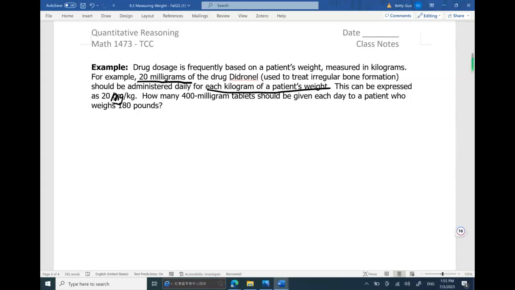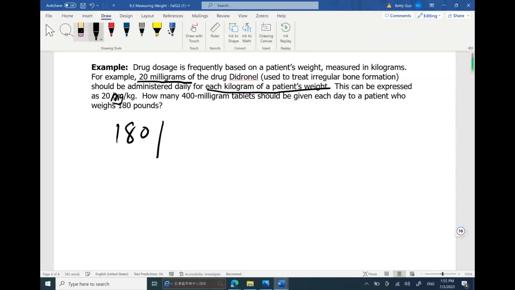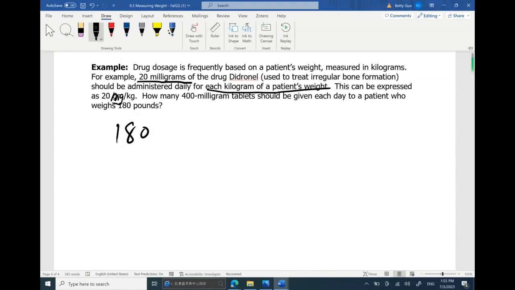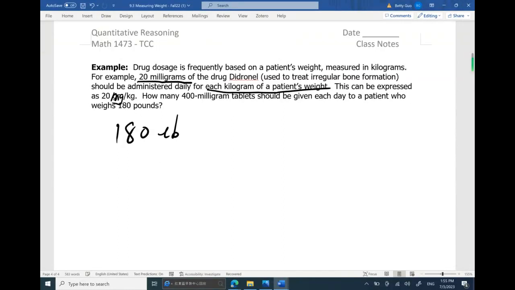How many 400 milligram tablets should be given each day to a patient who weighs 180 pounds? Since the unit of weight in this problem is kilograms, we want to convert from pounds to kilograms first, because it says for every kilogram of the patient's weight you use 20 milligrams.